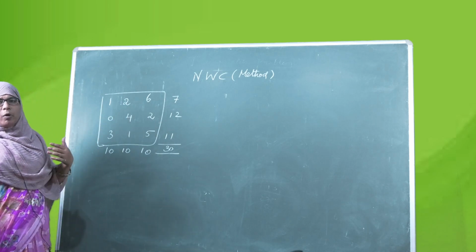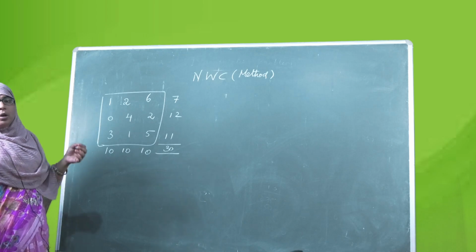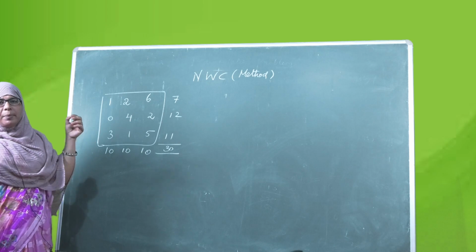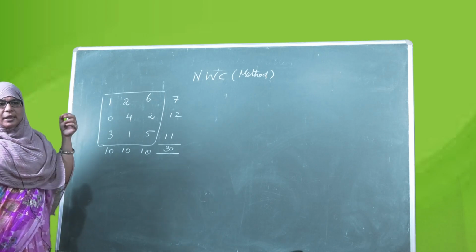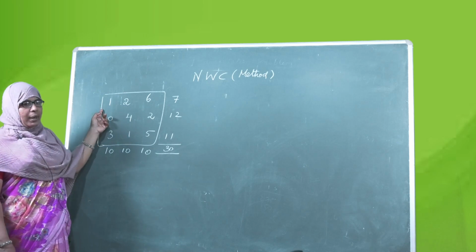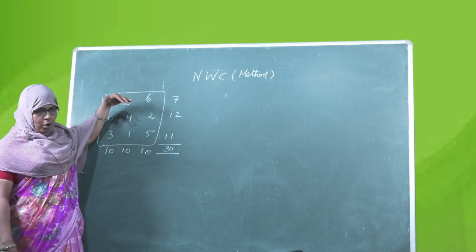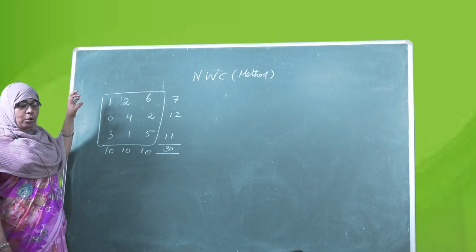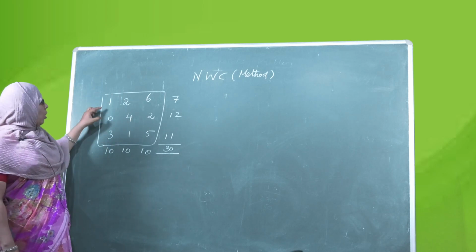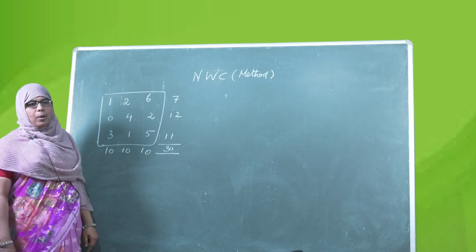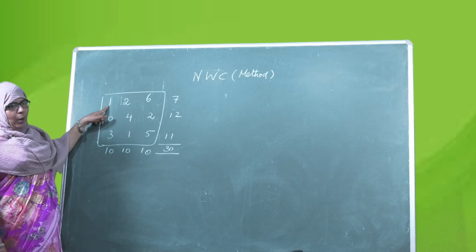In the northwest corner rule, which element is the northwest element? Number 1. Why? Because the first row is the north row and the first column is the west column. So 1 is the northwest element, and you have to select 1.